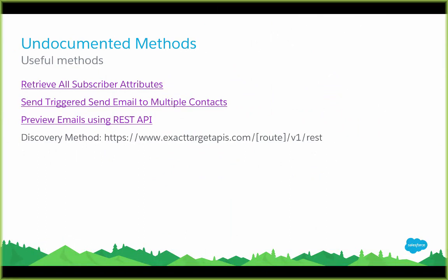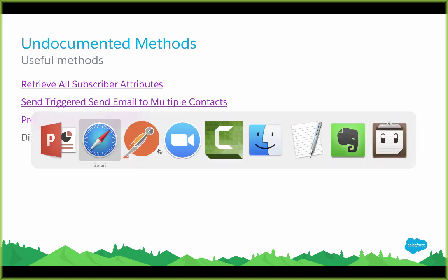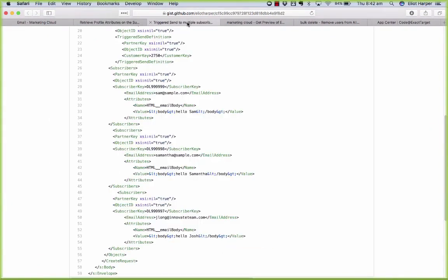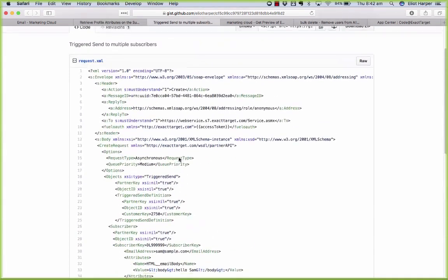The next method I want to discuss is, I've seen this use case come up on Stack Exchange a couple of times, and this is sending a triggered send email to multiple contacts. You're probably familiar that you can use a SOAP or REST API to send a triggered send email to a contact, but you have to send it one at a time. But using the SOAP API, I found out that you can include multiple subscribers in that request, and I've provided a link to the gist.